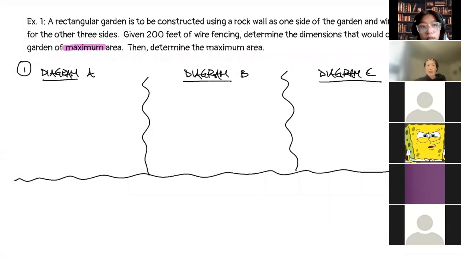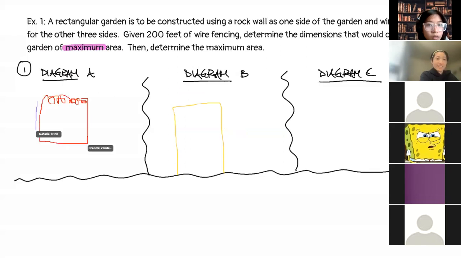All right, we're drawing a picture that represents the rectangular garden, the fencing, a rock wall. Those numbers were not in the question, so there should not be numbers on our diagram. But I need some kind of labels on them too, right? Okay, okay.